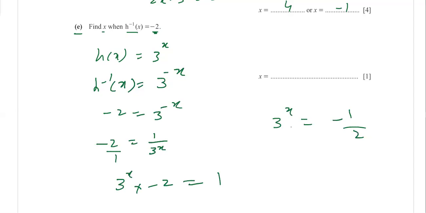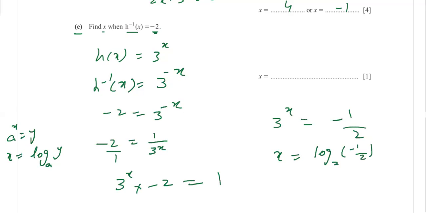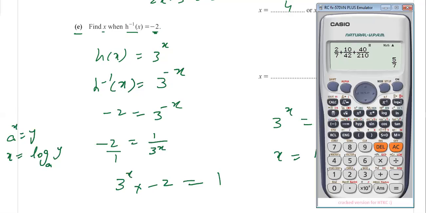There are other ways also, and one option is using the logarithm rule. What is the logarithm rule? You know, a power x equals y, I can write x equals logarithm y to the base a. So using this property here, I can write x equals logarithm of minus 1 over 2 to the base 3. And that you can do with your calculator.